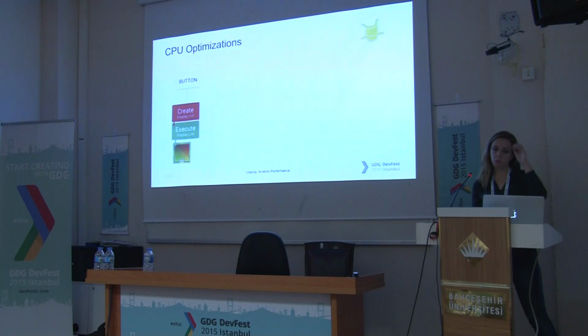If we move on with CPU optimizations, firstly, you see on the screen there is a button, and to see it on the screen, firstly, a display list is created and then executed by the CPU. And this display list has all the information that is needed by the GPU.